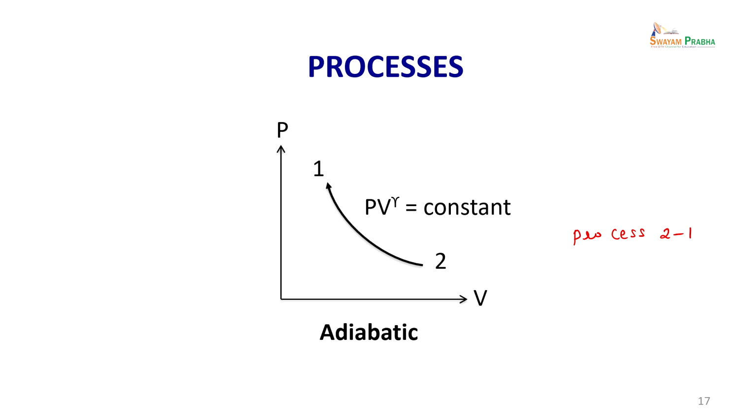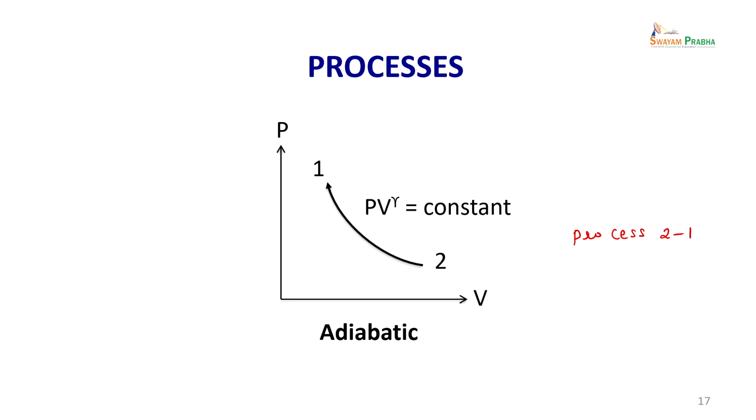The basic equation for an adiabatic process is PV power gamma is equal to constant. What is this gamma? Gamma is equal to Cp by Cv, that is the index of compression or expansion. If it is a compression process, it is called the index of compression. For air, Cp is 1.005 kilojoule per kg Kelvin and Cv is 0.717 kilojoule per kg Kelvin.